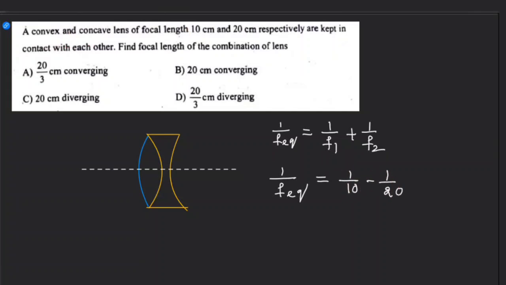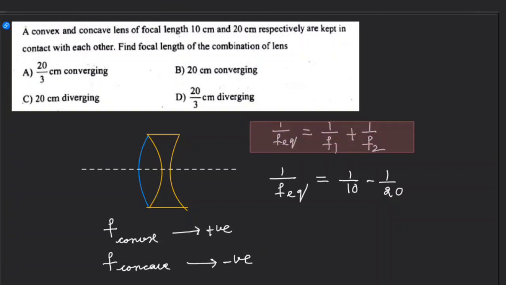You can easily do this calculation. The only thing you have to keep in mind is that the focal length of convex is positive and the focal length of concave is negative. The remaining is a calculation. You can easily do that. So please do it, right?